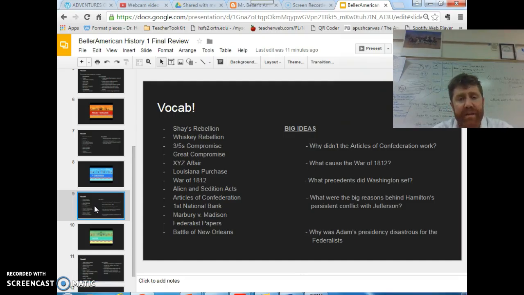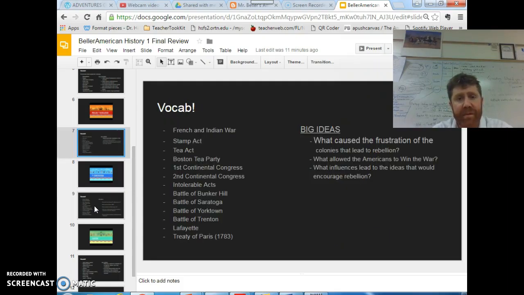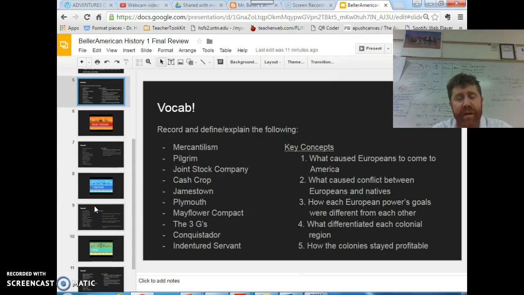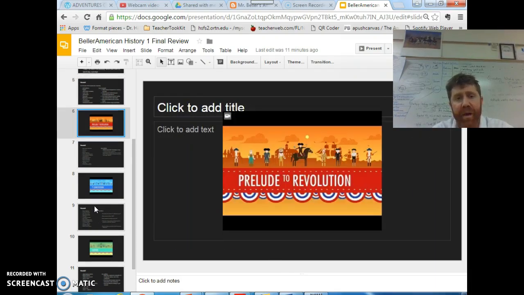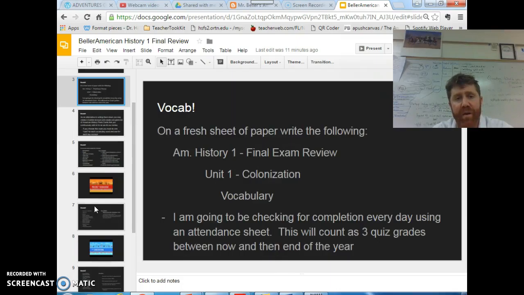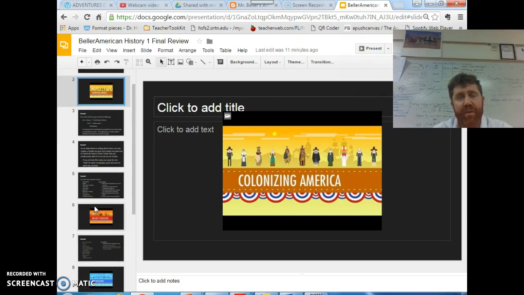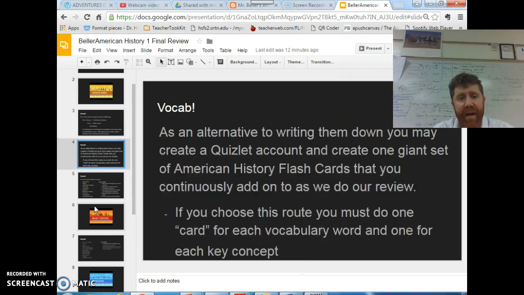When you're looking at these terms, especially terms that are just book terms like, let's see, mercantilism or pilgrim, you want to make sure that you are providing some historical context for these terms. So how does mercantilism help develop this narrative about the colonial experience in America?